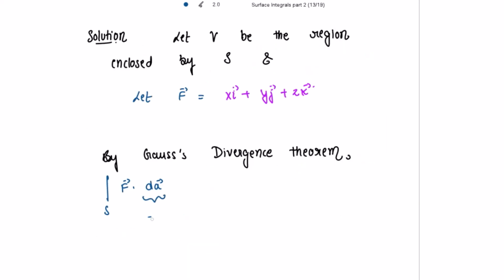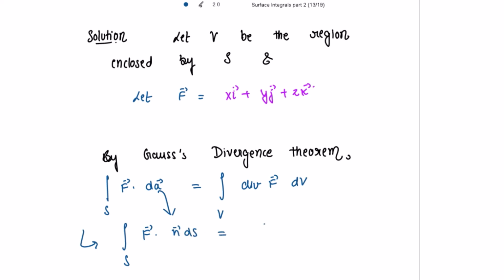This dA vector is also equal to n vector ds, which I used in the previous exercise, right? In the previous exercise, I used Gauss's divergence theorem with n vector ds instead of dA vector. So either you can use dA vector or you can use n vector ds, dot product with this F. So the surface integral of the dot product of F vector with dA vector is equal to the volume integral of the divergence of F vector dV, which can also be taken as the surface integral of F vector dot n vector ds, because dA vector is n vector ds.